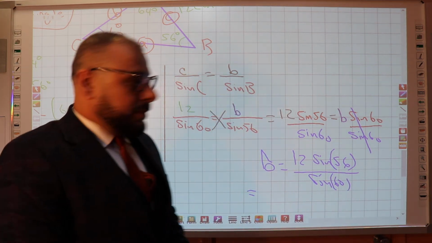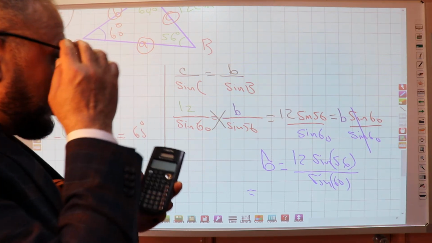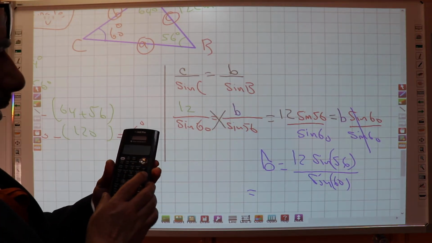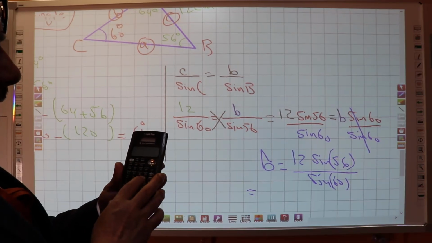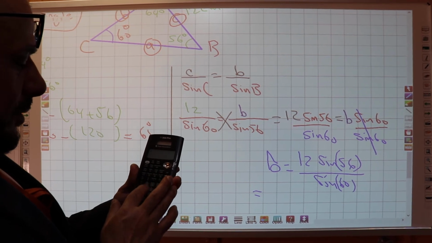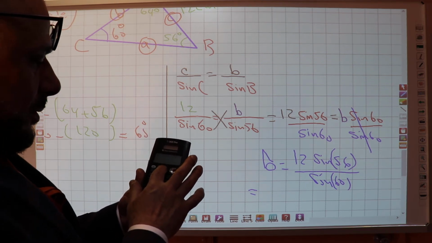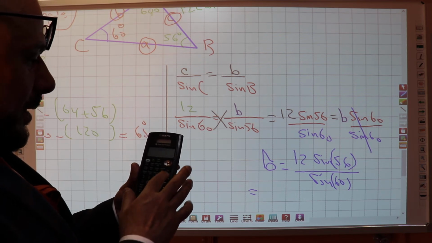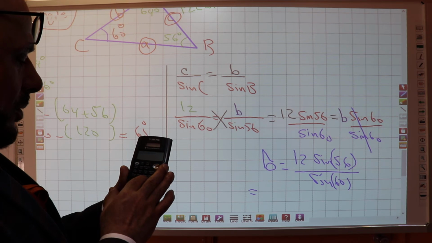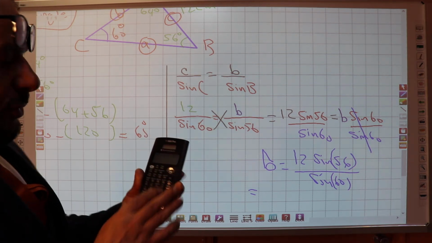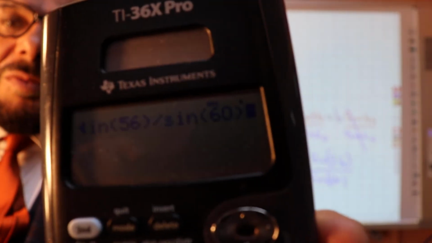Okay, use the calculator. You have to make sure the mode is degrees. 12 sine 56, divided by sine 60.